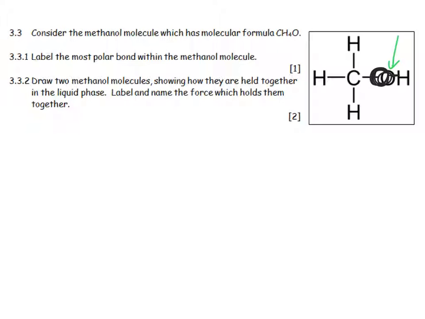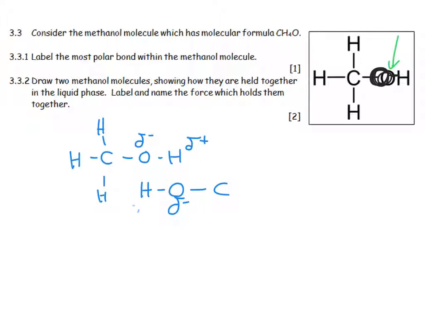And then draw two methanol molecules. Now, when you put them in, you know that the O is slightly negative and the hydrogen is slightly positive because of the electronegativity difference. So when they pack together, the slightly negative and slightly positive need to be close to one another.